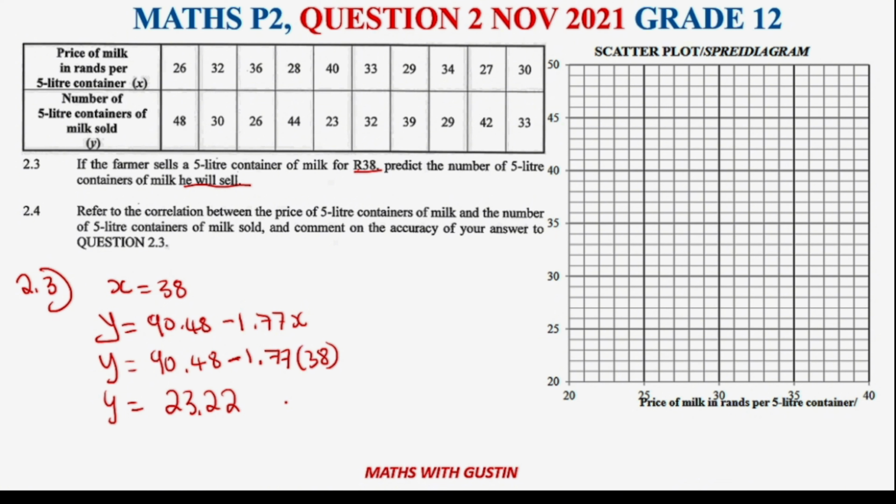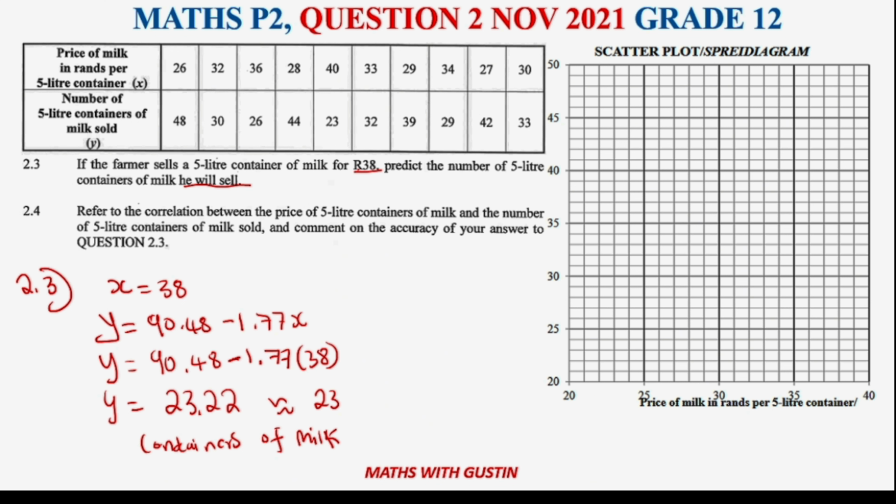Therefore we can simply answer that you would have sold approximately 23 containers of milk, because you cannot have a 0.22 container. Okay, 23 containers of milk that you would have sold. And that's how we would have answered this question right here.